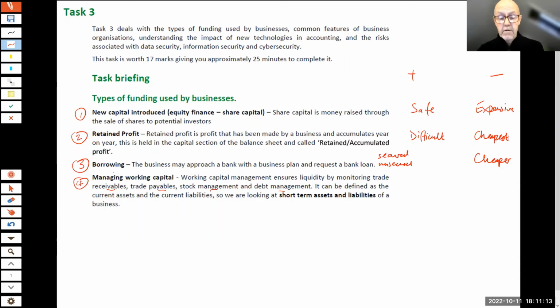Working capital, plainly, is going to take a certain amount of skill. But again, that is very cheap money. And it's no coincidence that all of the big retail organizations that take a lot of cash and then take a good long time to pay their suppliers, a lot of them offer their own credit cards, their own banking services, because they've got all that money.